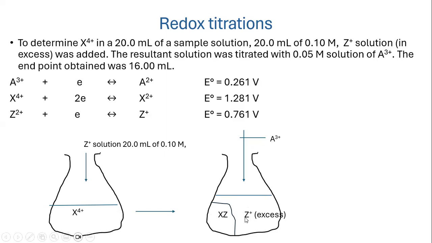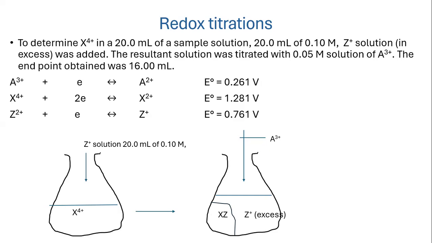So at the half equivalence point, half end point, amount of Z plus will be equal to amount of Z2 plus. In the Nernst equation, when these two are equal, the RT ln products over reactants term is going to be ln 1, so the log value is going to be 0 because concentrations are equal.